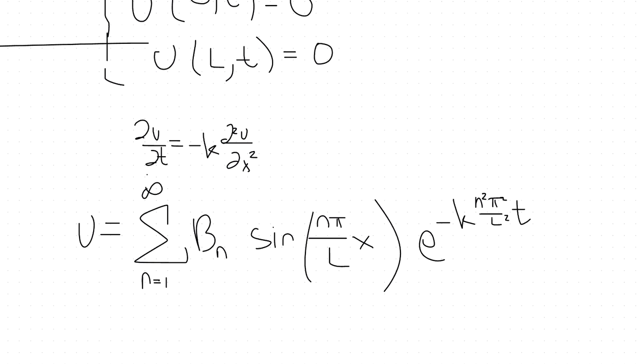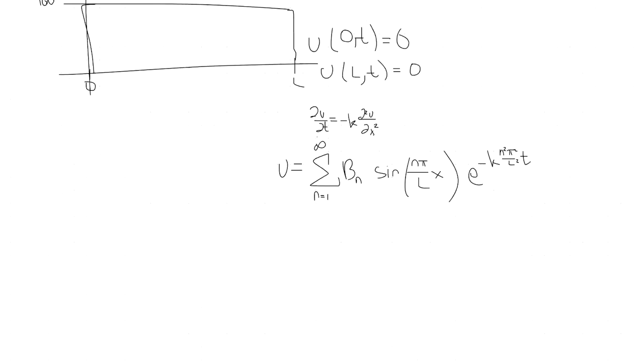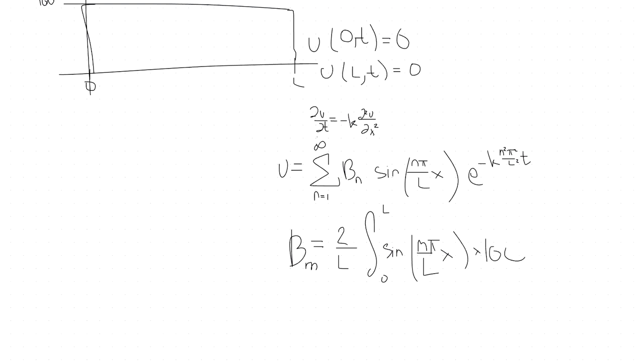And now we need to solve for b. Well, using the formula we came up with, we know that b at a given m is equal to 2 over L times the integral from 0 to L of sine of m pi over L times x times the initial condition function, which is 100, keeping it simple, with respect to dx.